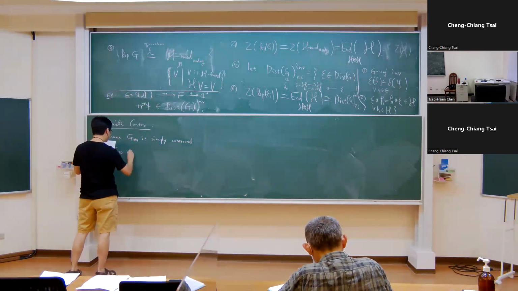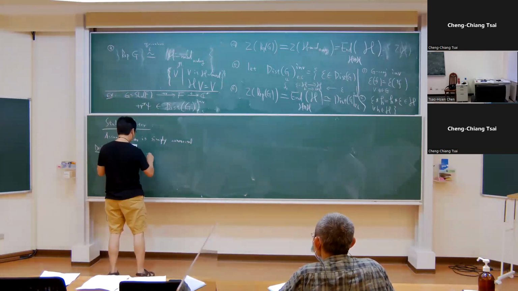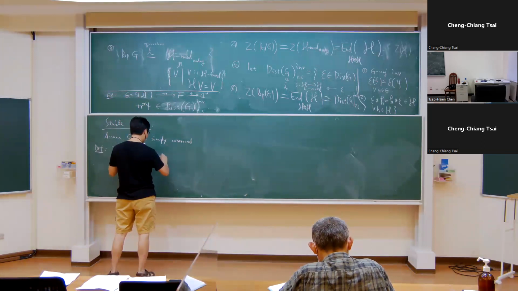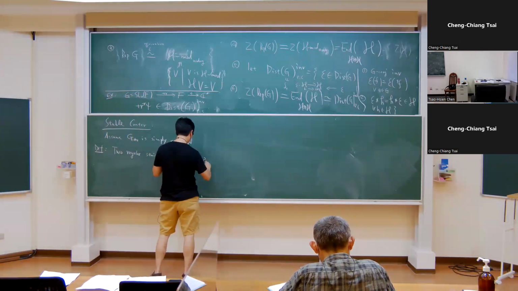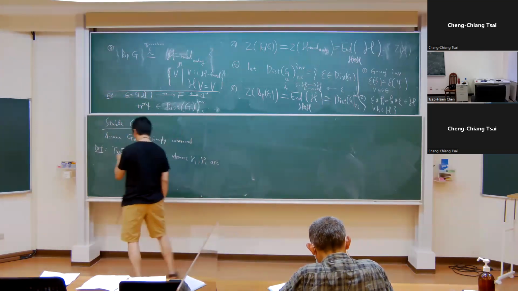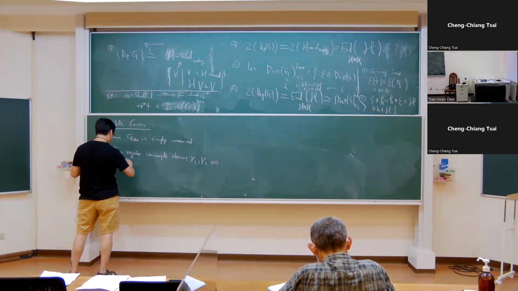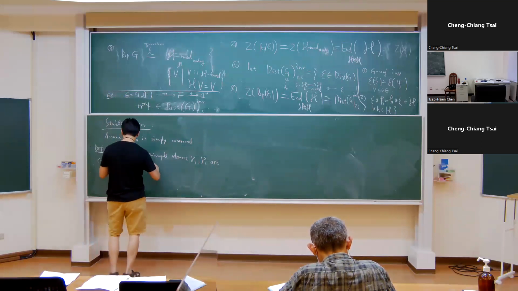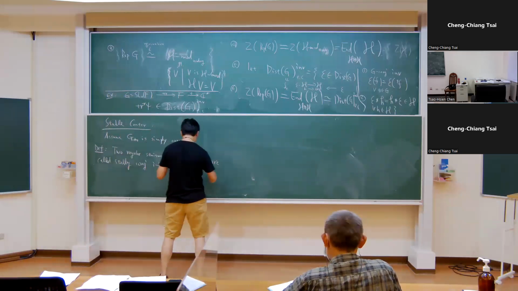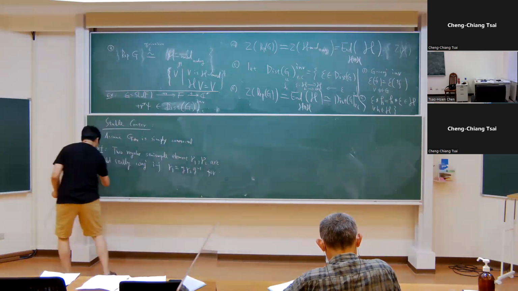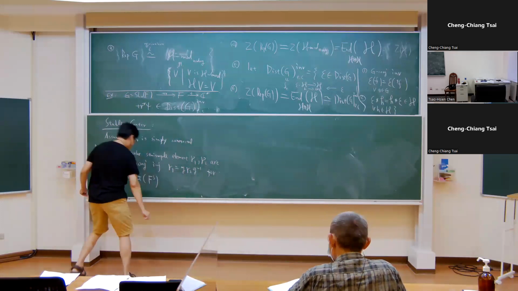Then two regular semi-simple elements gamma 1 and gamma 2 are called stably conjugate if gamma 1 equals g gamma 2 g inverse for some g in the separable closure.